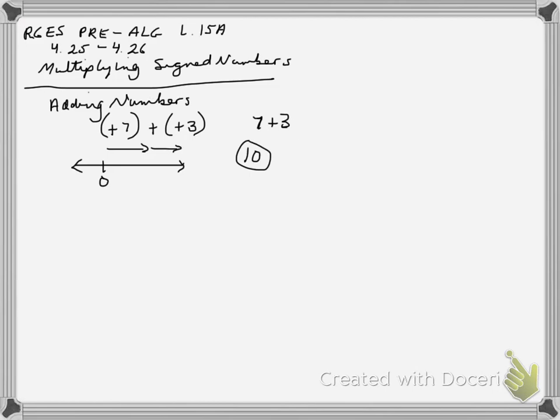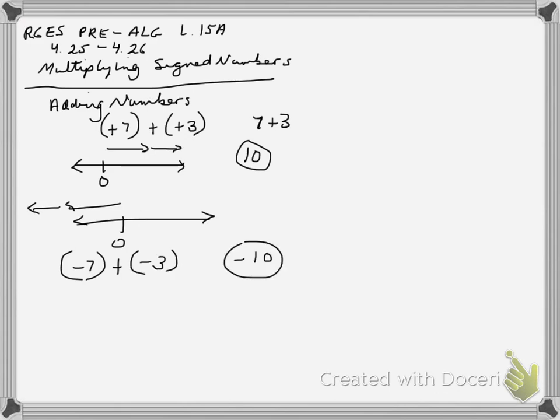Now, if we recall, if we're going in the other direction, and we start at 0, and we're going negative 7 plus negative 3, we are going in the same direction both times, and so we're going to get negative 10. But if we do something like positive 7 plus negative 3, recall that if we're thinking about a number line, we would first go in the positive direction and then in the negative direction.